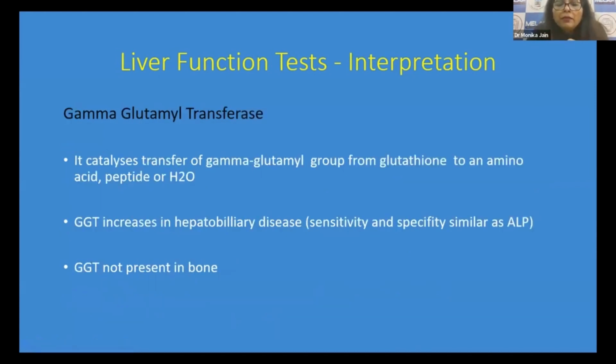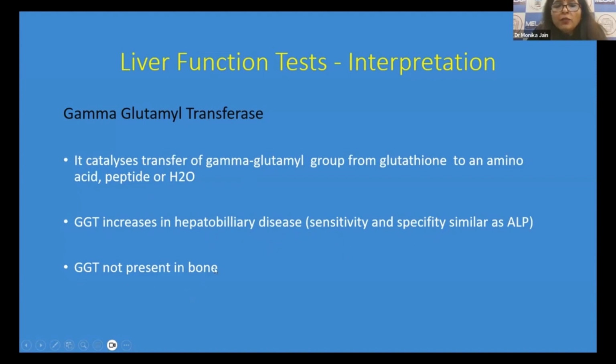To help the interpretation of alkaline phosphatase, we have gamma GT. This also catalyzes some of the chemical reactions in our body. Its origin is almost similar to alkaline phosphatase. GGT increases mainly in hepatobiliary diseases, and its sensitivity and specificity are much higher than alkaline phosphatase.